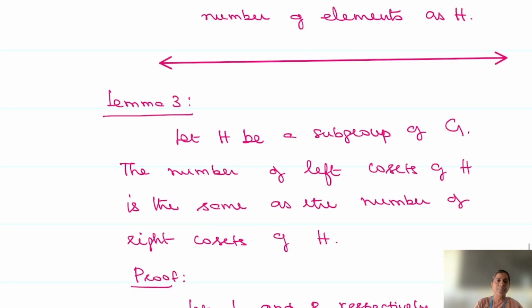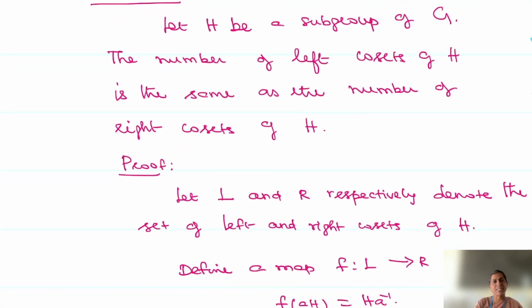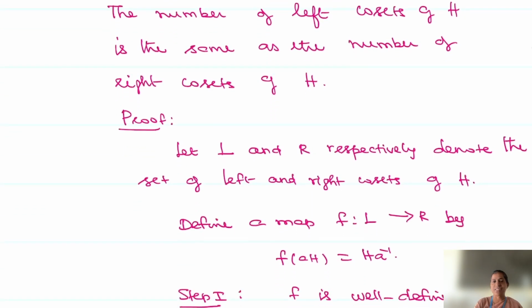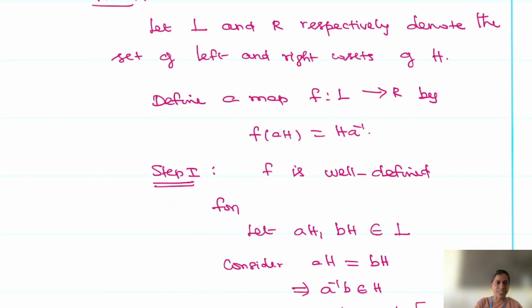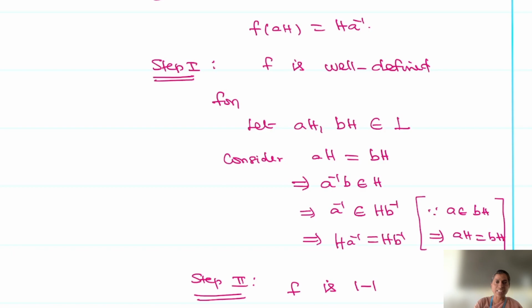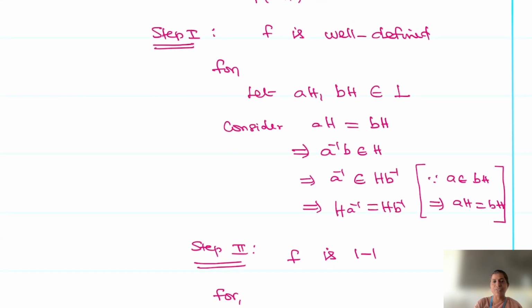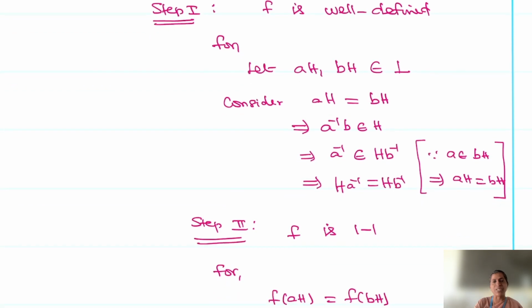Then the third one: take H as a subgroup, the number of left cosets of H is the same as the number of right cosets of H. Therefore, L and R denote the set of all left and right cosets of H. We define a mapping F from L to R by F of AH is equal to HA inverse. First, we prove F is well defined. To prove well defined, you equate two elements in the domain.